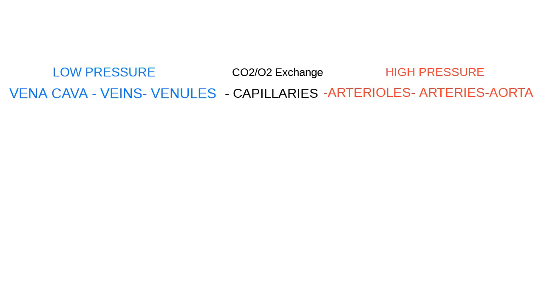That's what we call the pulmonary circulation. The systemic circulation is the circulation of blood from the left ventricle to the rest of the body and the return of that blood to the heart.